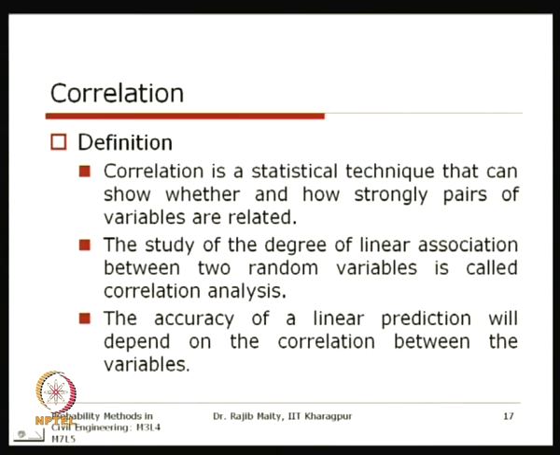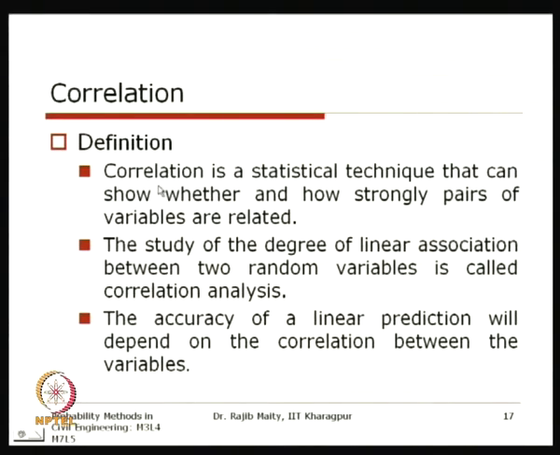Now we will take the correlation part that we discussed earlier. Correlation is a statistical technique that can show whether and how strongly pairs of variables are related. The study of the degree of linear association between two random variables is called correlation analysis, and the accuracy of a linear prediction depends on the correlation between the variables.